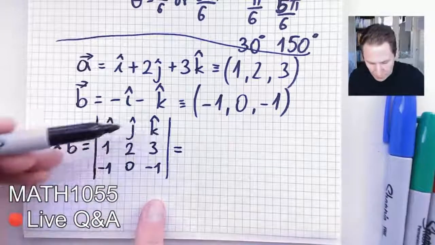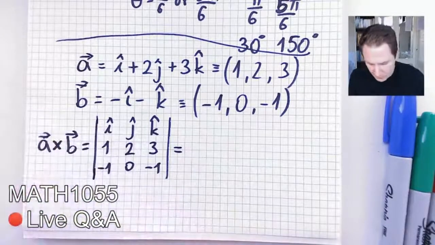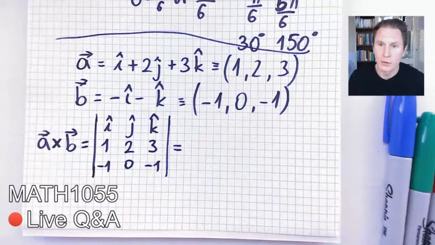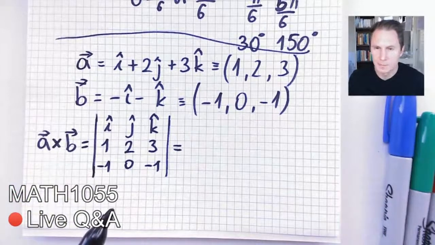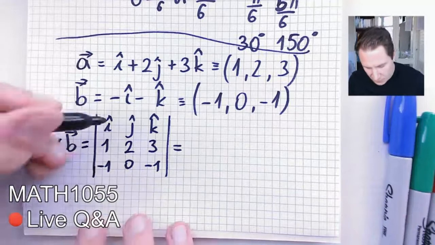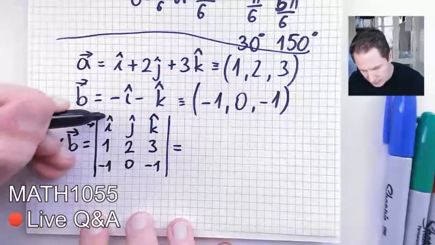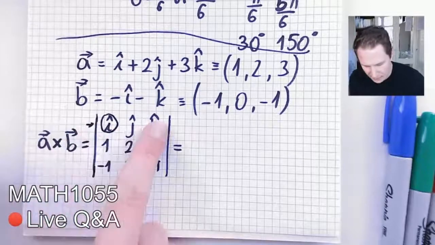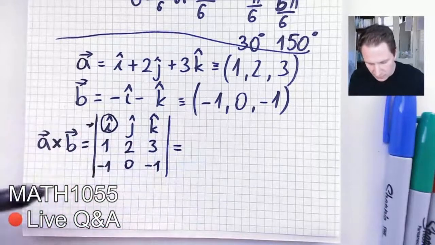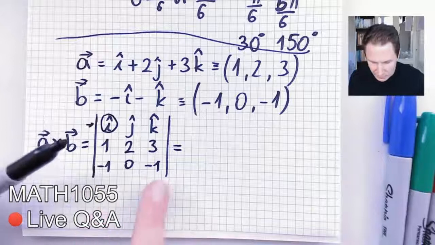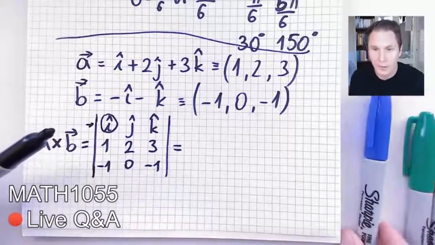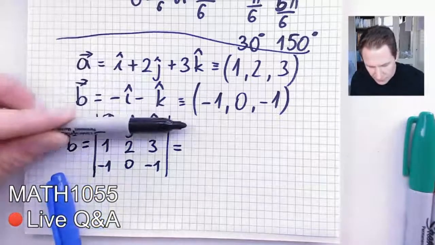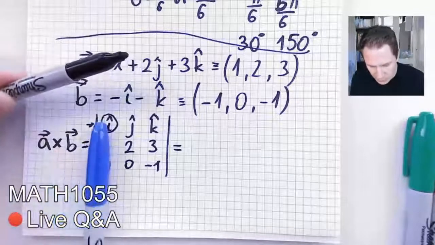Okay, so the way you calculate a 3x3 determinant like this, you might already know this. I definitely showed you the formula, the end result, in the lecture videos. You go by the first row and take each element of the first row, so i hat, j hat, and k hat, and consider the corresponding sub-determinant, a 2x2 determinant, by covering the first row and whichever column you are considering.